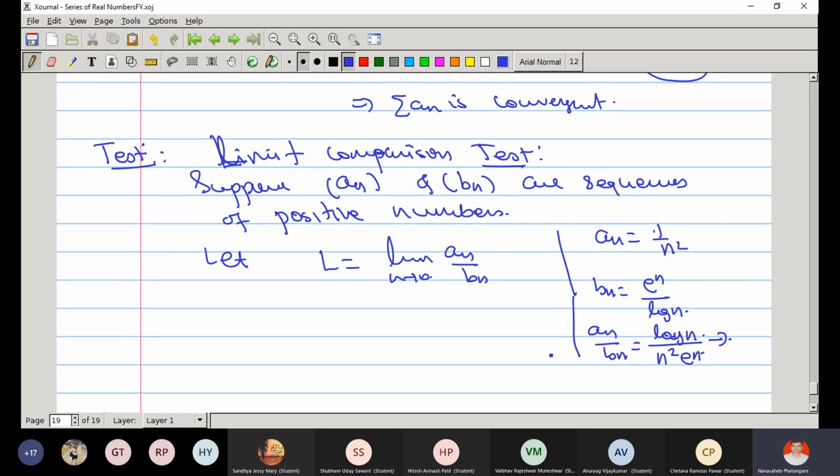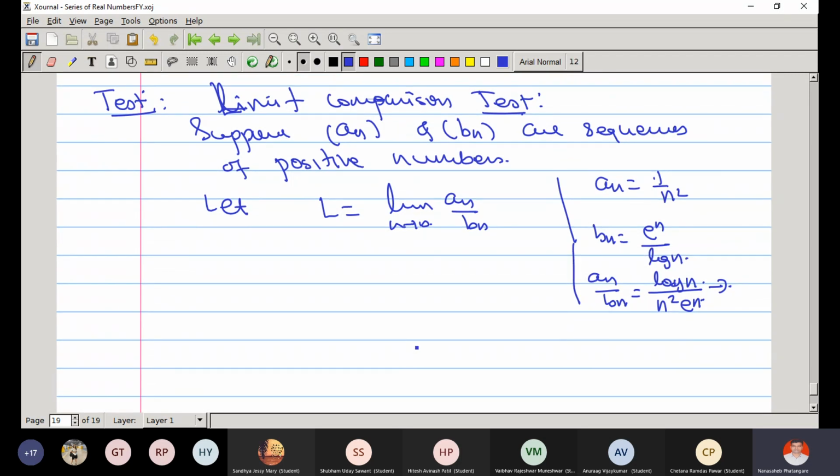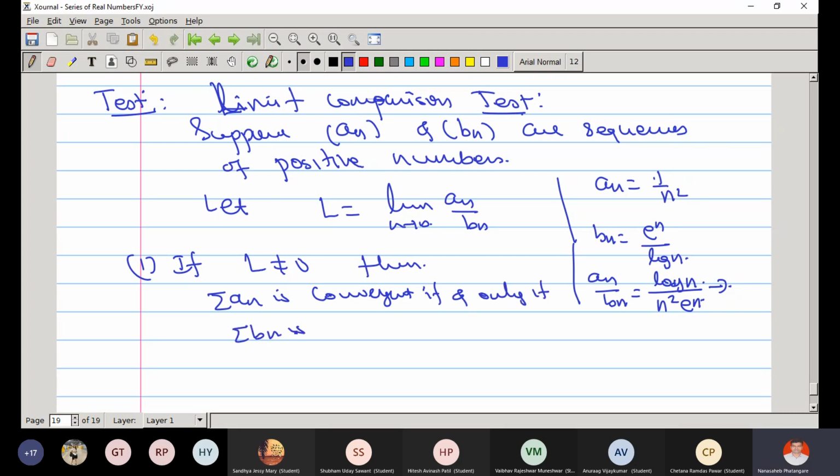If an and bn are sequences, an upon bn is a sequence, and the limit of this sequence is L. Now if L is not equal to 0, if this limit exists and is not equal to 0, then the series an is convergent if and only if the series bn is convergent.